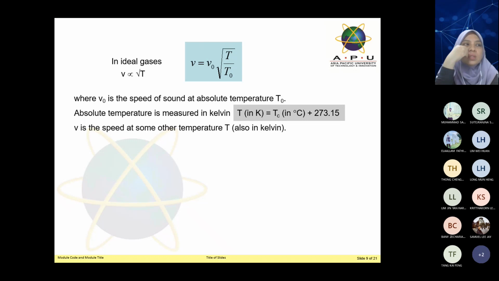T equals TC plus 273.15. And V is the speed at some other temperature. So why do they mention this? Because if the question is given to you in degrees Celsius, you need to add 273.15 to convert it to Kelvin, then only you can put into this formula.